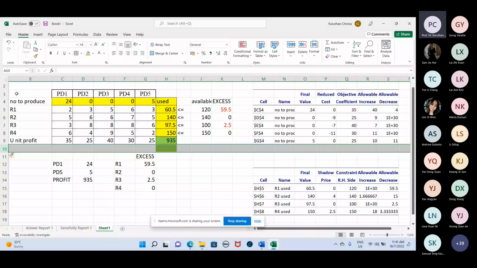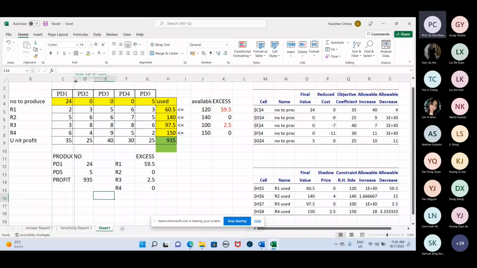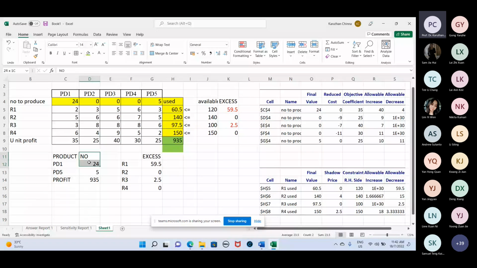You can tabulate all this. Number of products and number to produce. You can give this in tabular form and then explain. Don't just give the table and do nothing. Whichever table, you must explain. Right? This is resources.